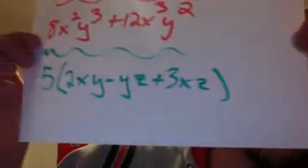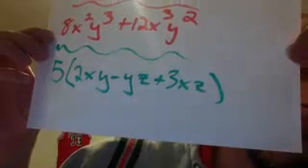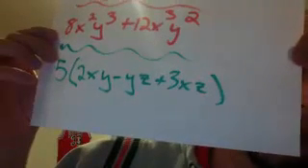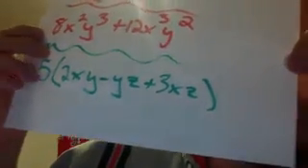Pull the 5 outside parentheses and undo the distributive property by dividing everything by 5. And we get 5 times parentheses 2xy minus yz plus 3xz. That's it for the first one. That's all we can do.